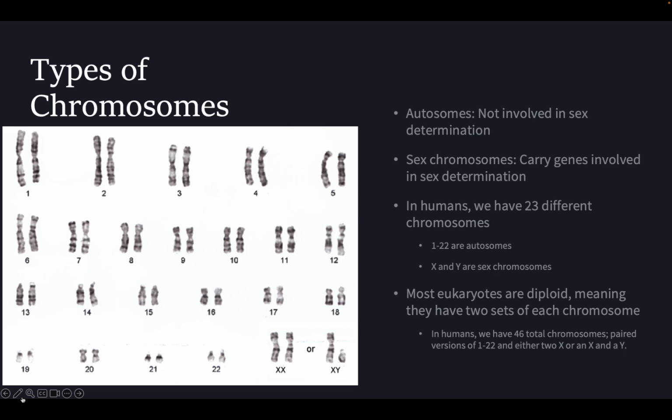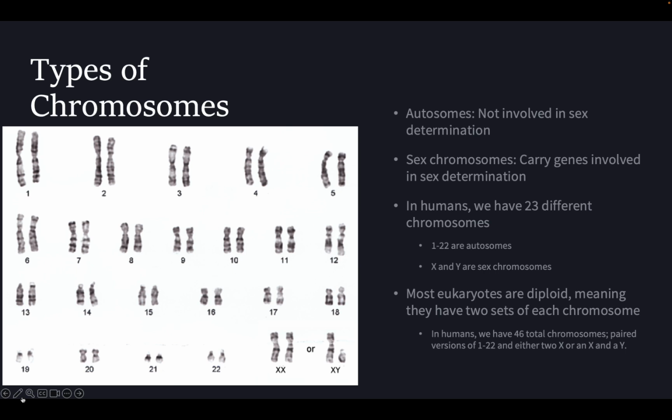If the individual has an X and a Y, that individual will become male. Birds, other reptiles, insects, lots of different other kinds of organisms that have different sexes have different ways that they determine their sex, but that's what we commonly see in mammals, including us, humans.